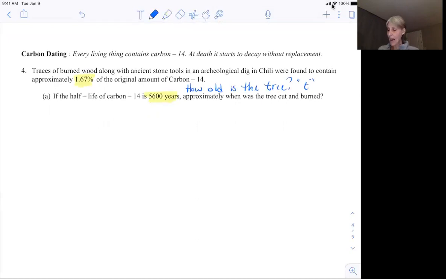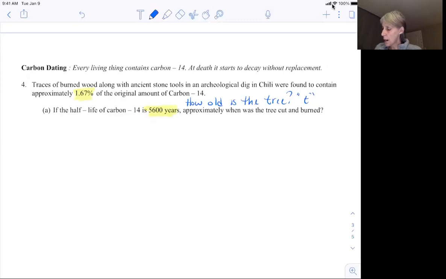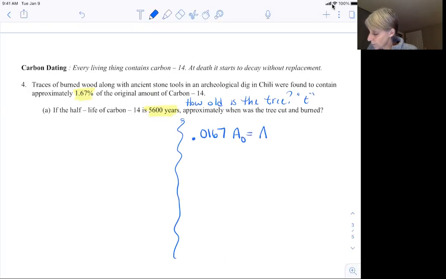In order to figure out how long it takes for there to be 1.67%, we have to find K. So we're going to use half-life to find K.